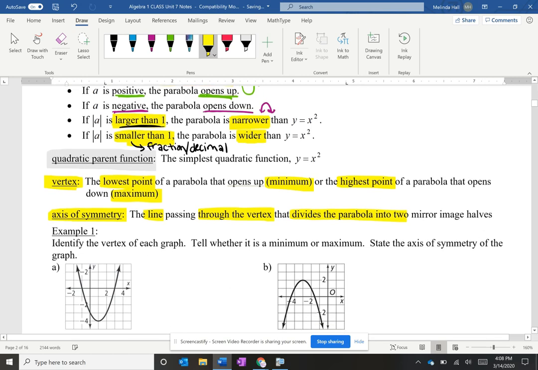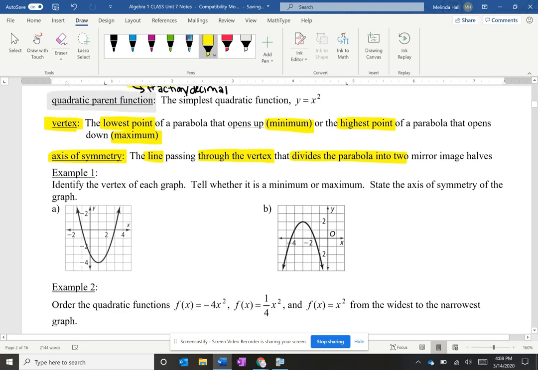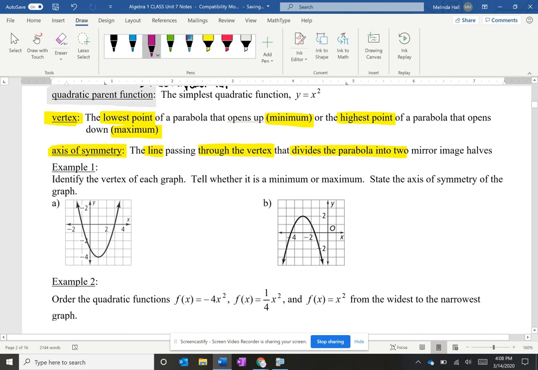Okay, and so if we look at these two examples, with this first graph, to identify the vertex, I'm just looking for where it turns. So you just kind of ride the parabola down, and as soon as it starts to come back up, that is its vertex. And so this vertex is a minimum because it's a low point. Think of it like a roller coaster, and it is at (1, -4).